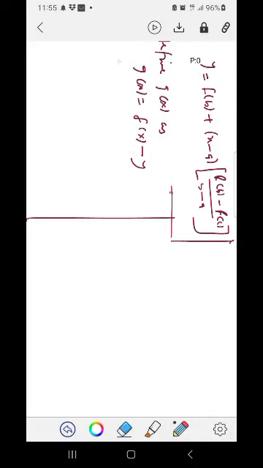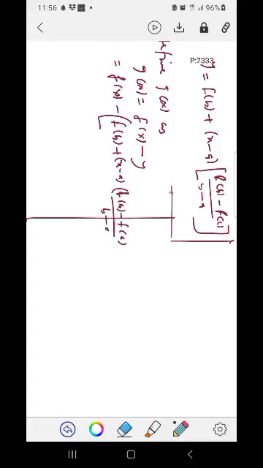So this is going to give us f(x), the curve, minus y, which we just defined there, which is f(b) plus (x minus a) times (f(b) minus f(a)), everything over (b minus a).